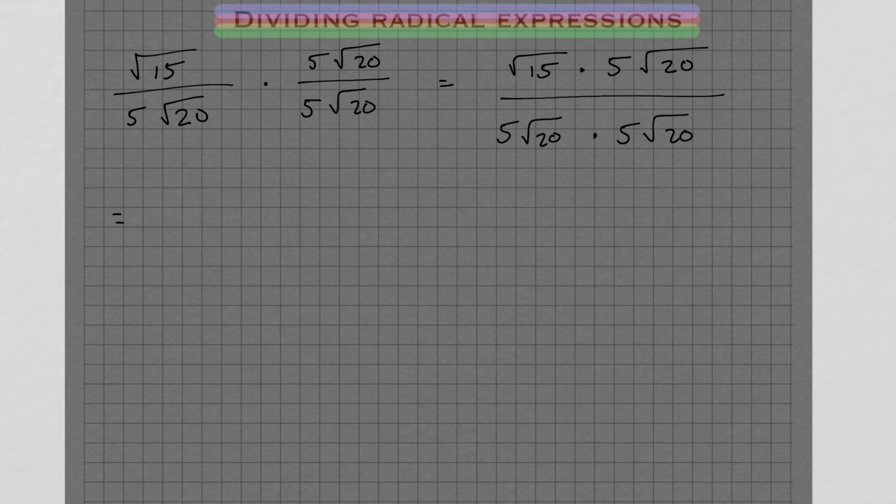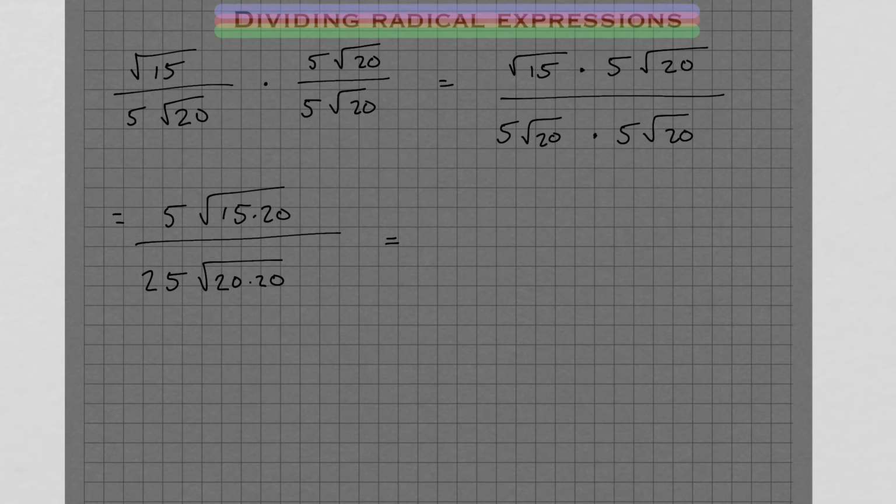So what we get here is 5 times the square root of 15 times 20 divided by 25 times the square root of 20 times 20. When you're multiplying them together, if they have the same index, you can combine them underneath one radical sign.